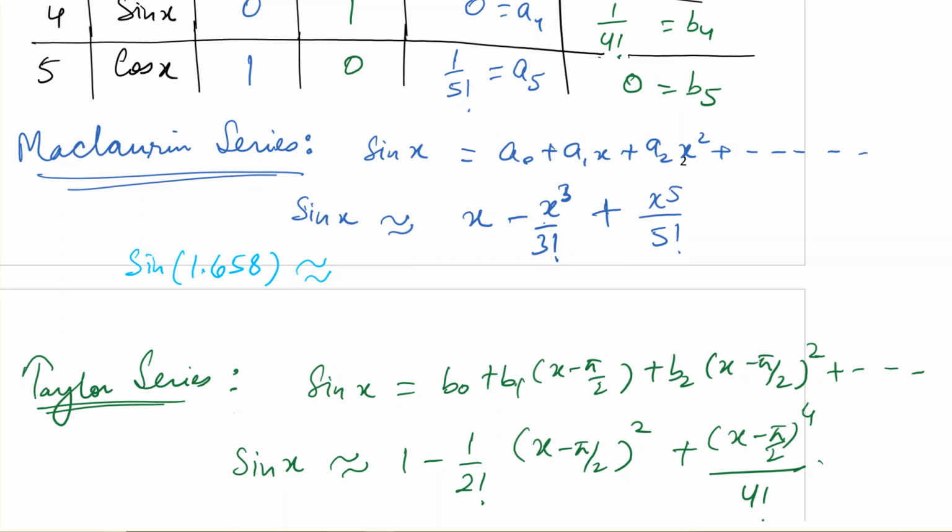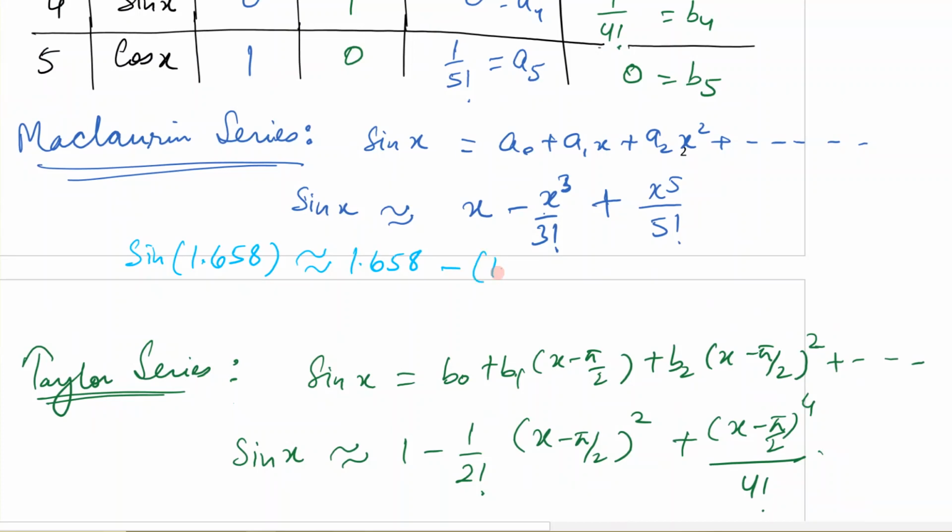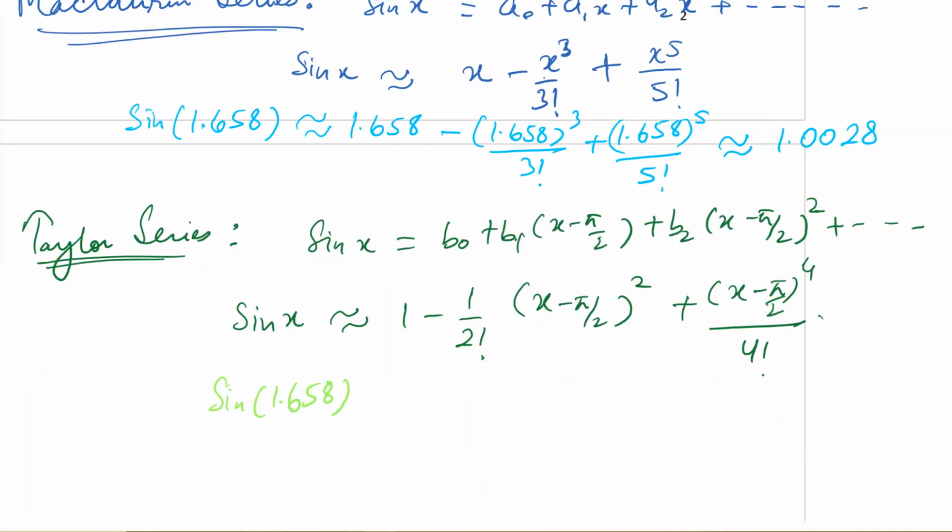Using the value 1.658, sine of 1.658 is equal to, replacing all x's by 1.658, 1.658 cubed over 3 factorial, plus 1.658 raised to the power 5 over 5 factorial, and this is approximately equal to 1.0028.